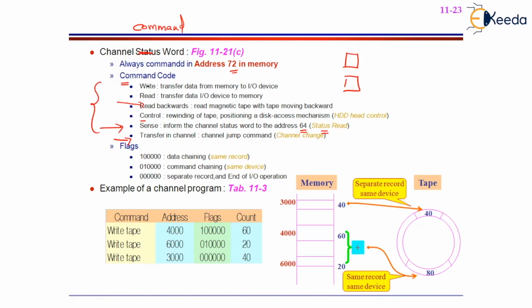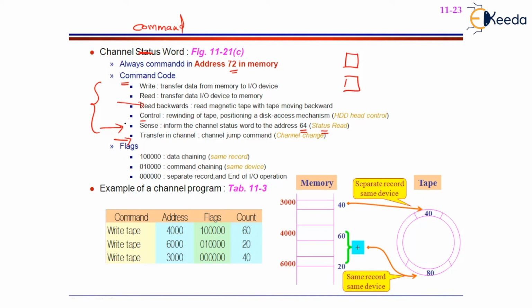First one is write. When there has to be a transfer from memory to IO, it will be a write command. Read command is from IO to memory. Read backwards: especially when reading from tapes and you want to read it backwards, you're going to issue this command. Control: of course, the device will get controlled.